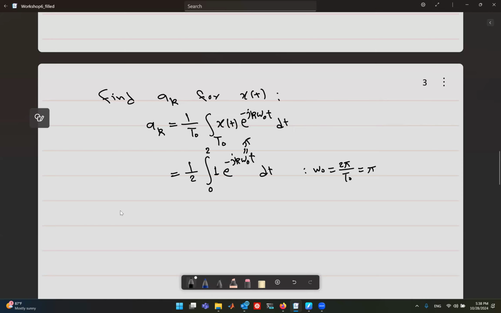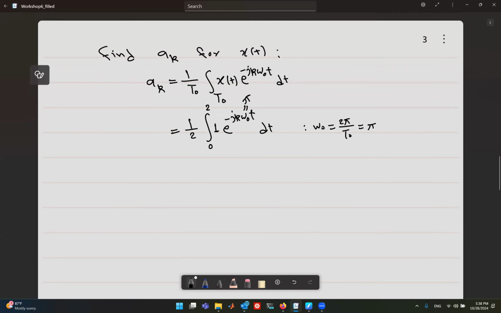This integral is simple. Half times 1 divided by minus jk pi. I write pi this time instead of omega naught.